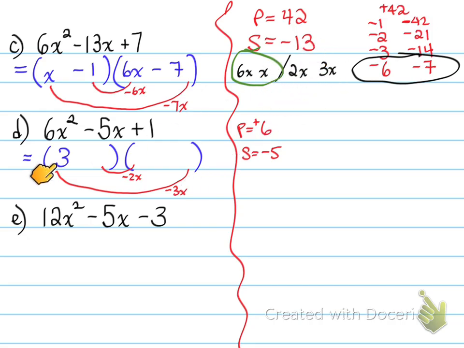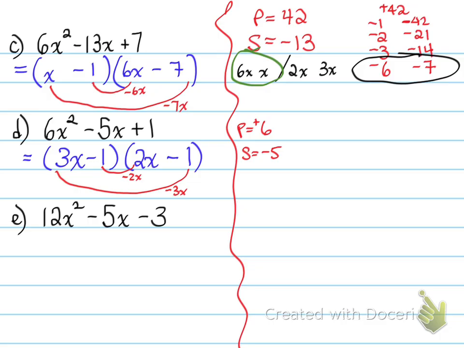So I'm going to break it up to 3x for this one, 2x for this one, and then 3x times negative 1 will give me negative 3x, and my inner is also going to be negative 1. So we have 3x minus 1 and 2x minus 1 as our factors. Hopefully this is getting a little faster for you, or maybe I'm taking too long. It is better that I'm taking too long than if I'm going too fast.